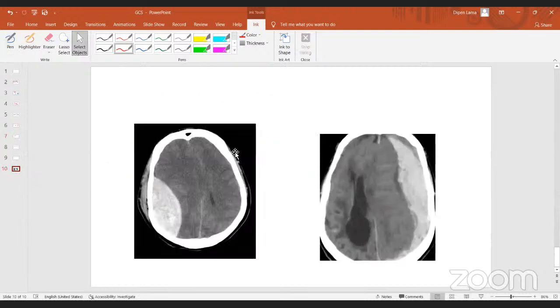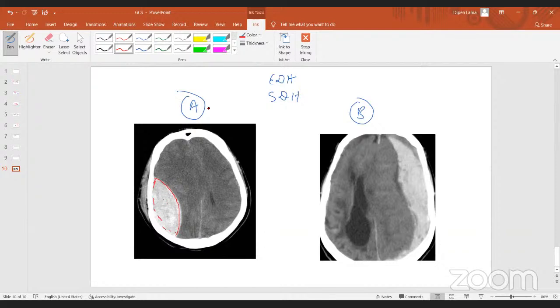Here you can see two CT scan findings. Which one is epidural hematoma and which is subdural hematoma? This is A, this is B. As you can see in the CT scan, this is lens-shaped, lentiform, with convex hyperdensity.